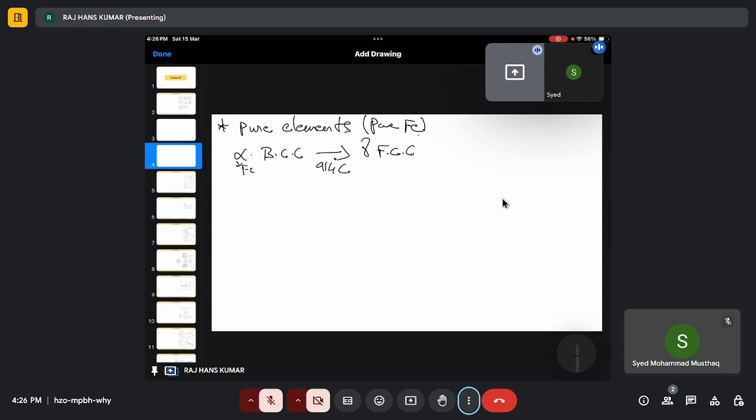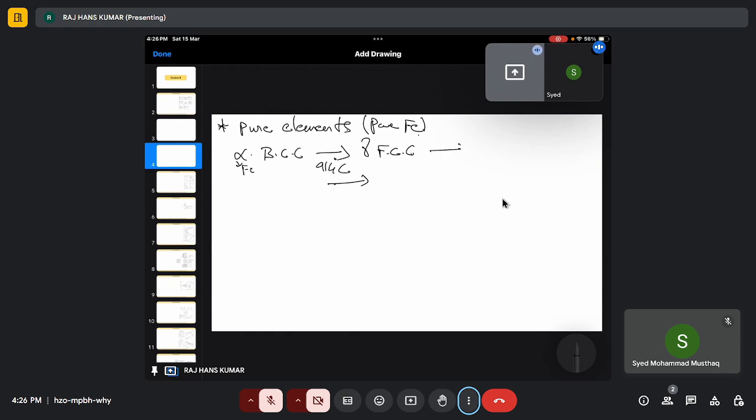The composition is the same. It is pure iron, but when heating, it changes its crystal structure from alpha BCC to gamma FCC. So from BCC to FCC, it changes crystal structure when heating from room temperature to above 914 degrees centigrade. So that is known as polymorphism.